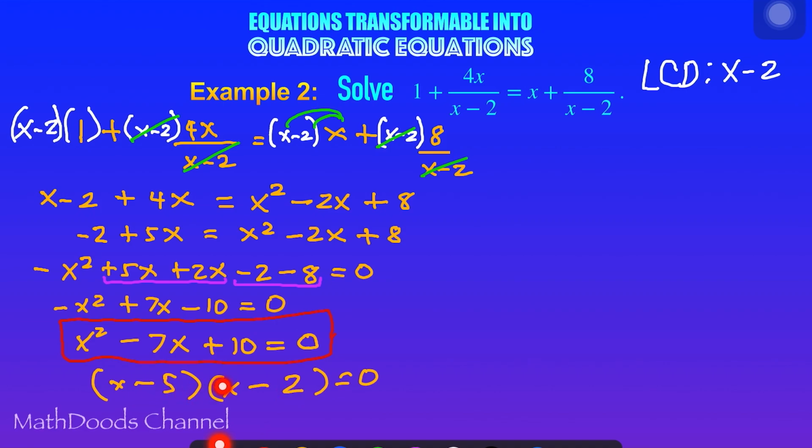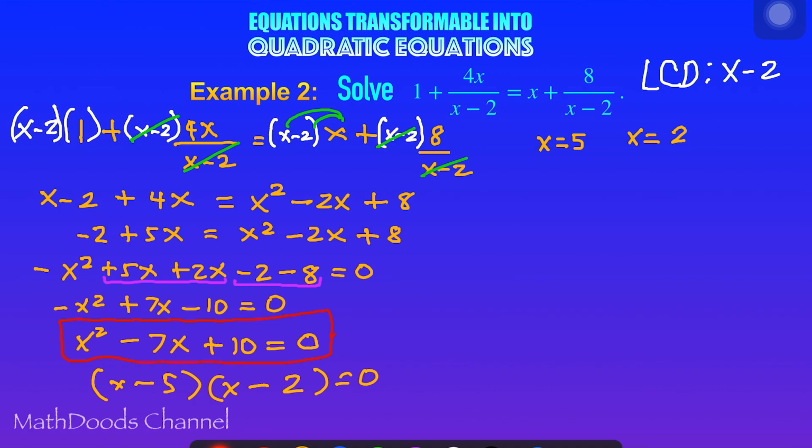Negative 5 times x, negative 5x. Pag inadd natin sila, negative 7x, babalik dito. Kaya ito yung tamang factors. No? So, meron tayong dalawang values ng x. X is equal to 5 and another one, x is equal to 2.